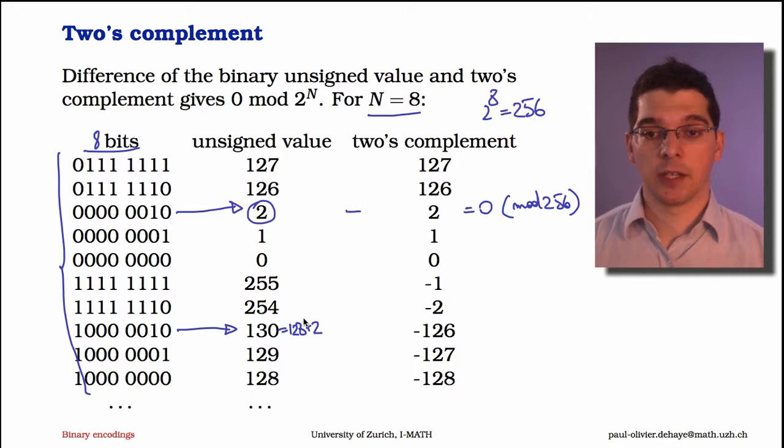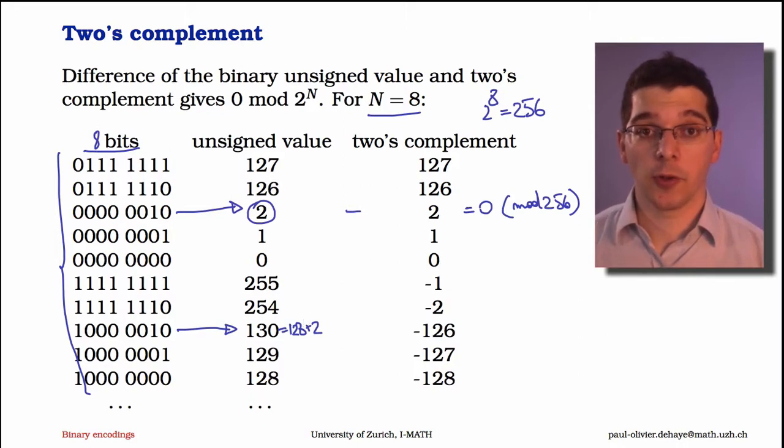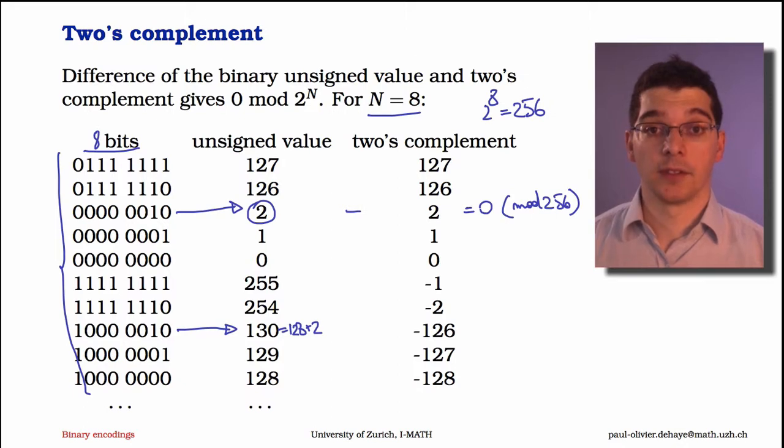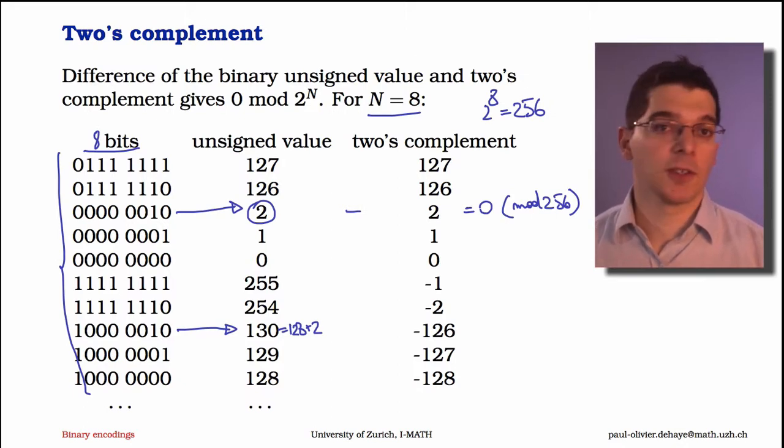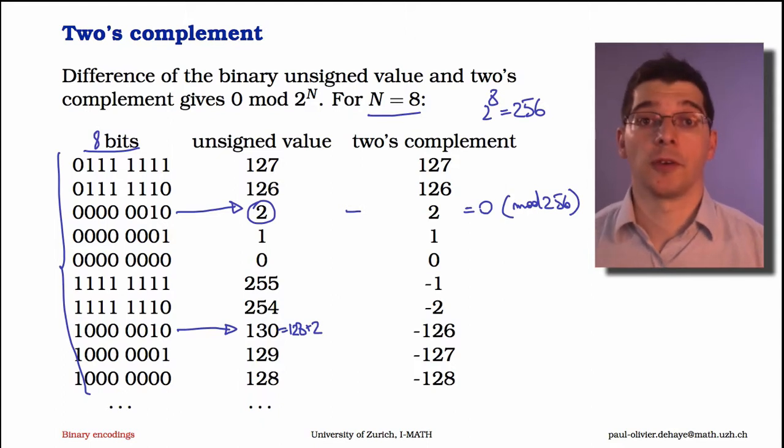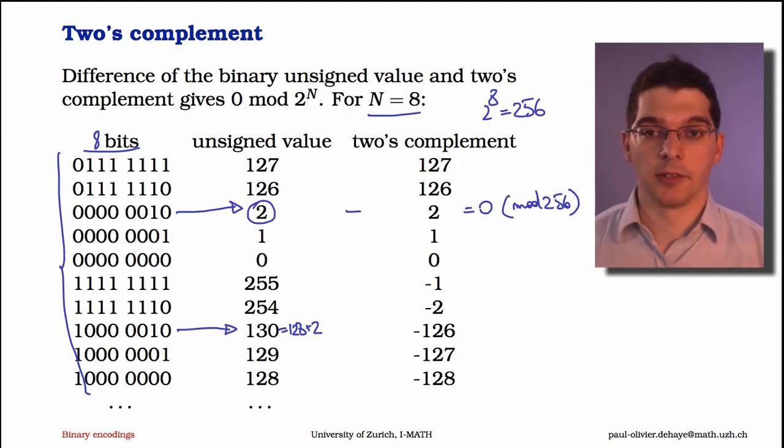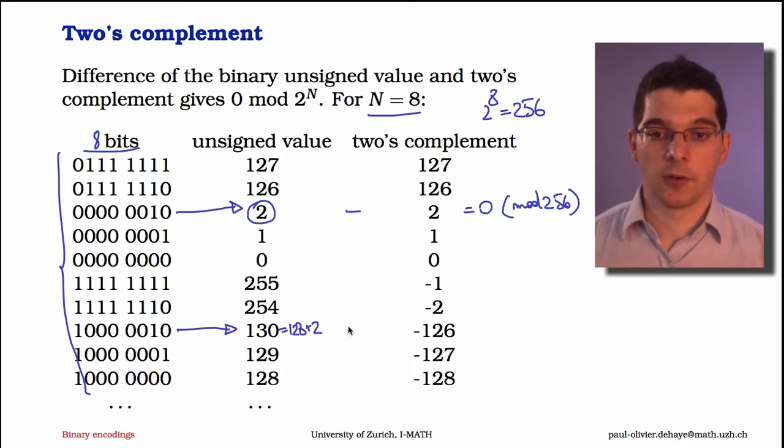Now I want a value so that when I subtract it from 130, I'll get 0 mod 256. Of course the first natural guess is 130, but that will not be allowed because the value has to be small. So 130 is already too big.